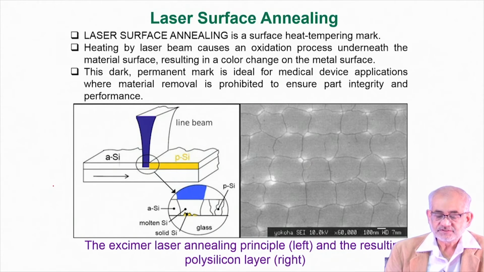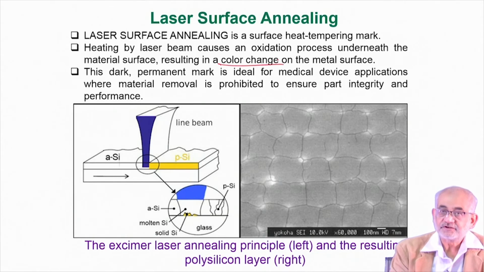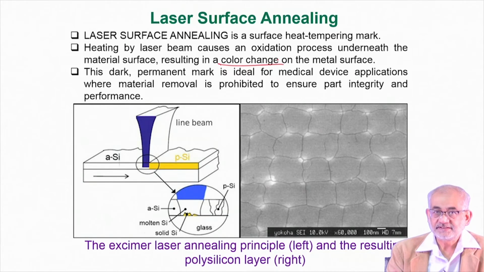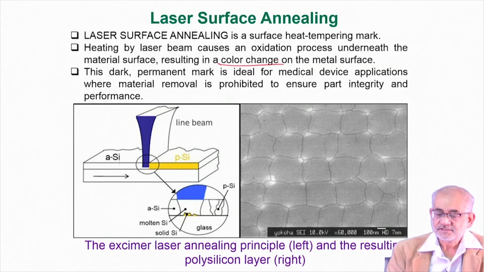And in the process, we actually can change the color to a certain extent by allowing a certain limited amount of oxidation, maintaining the thickness of this oxide layer and the composition of the oxide layer. We can bring in various kinds of colors through an oxidative process. But otherwise, we can also make microstructural changes.